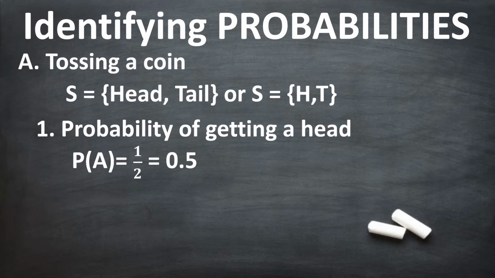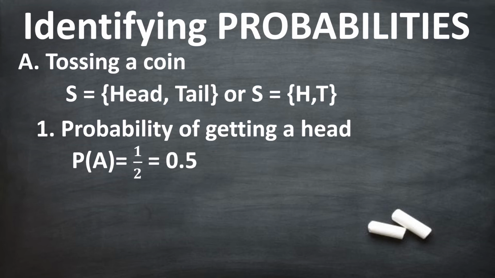Then going back to the guide that we have, the number that we will put in the numerator is the number of possible outcomes for this given event, and this given event is a head. So looking back in our sample space, how many heads do we have in the total possible outcomes? We only have 1. That's why the numerator becomes 1. And then all over 2.